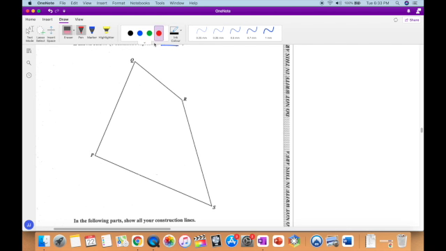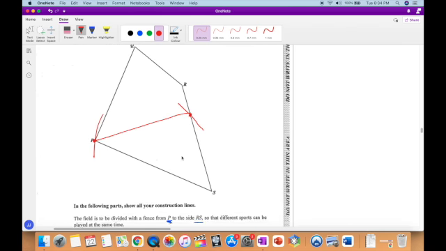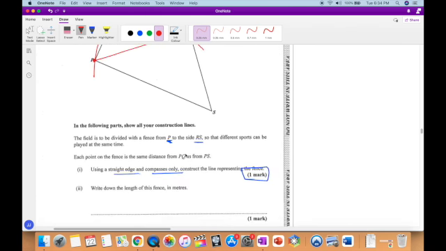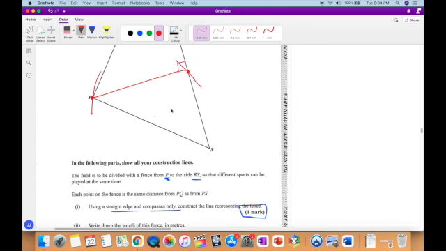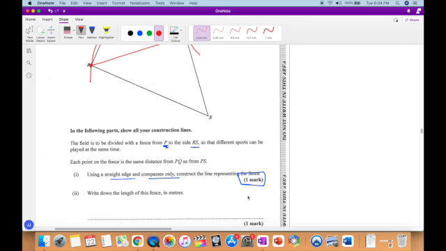I could put the point of the compass here and draw an arc so that it'll cut here. Then put the point of the compass here and draw another arc so that it cuts back at P, and then use the straight edge ruler and draw my line. You're basically constructing a line, and that should be enough, especially since if they wanted it perpendicular, it would have been a lot more than just 1 mark.